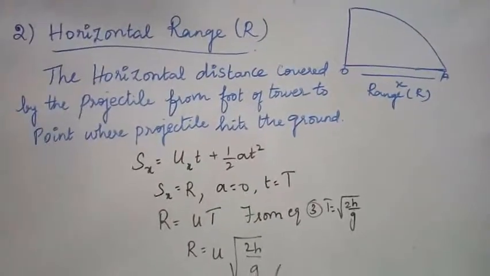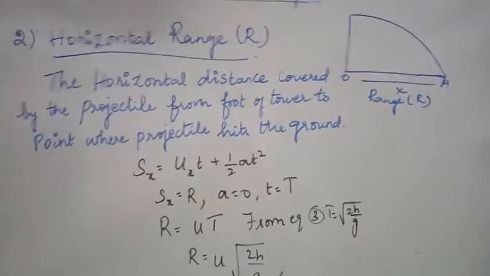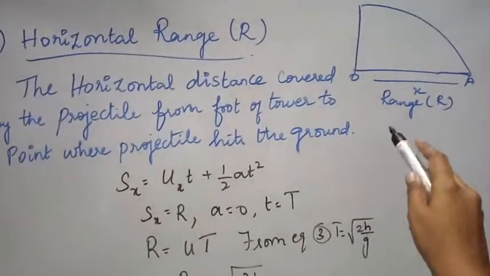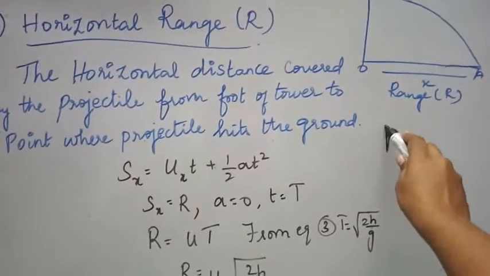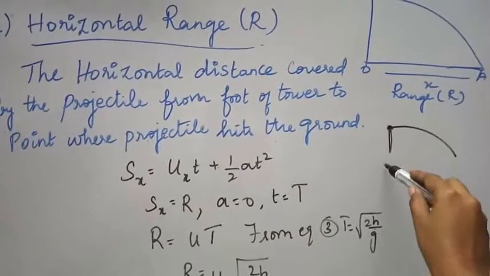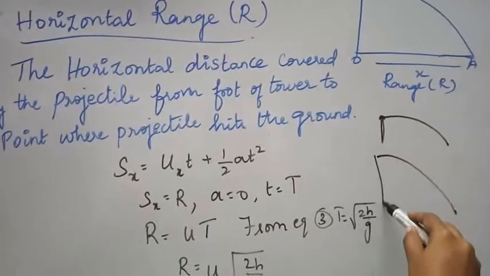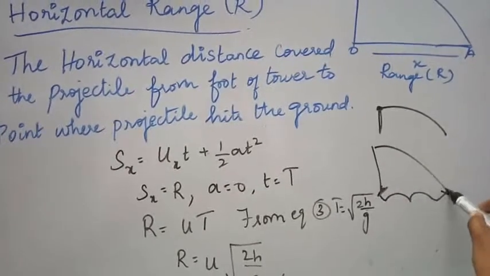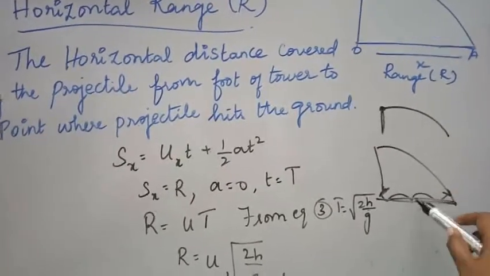So next we are going to derive the horizontal range. As the name goes, horizontal range is nothing but, see, I am dropping the object from this point. It can make any kind of projection like this. So the distance covered from this point to this point in the x-axis is called the range.